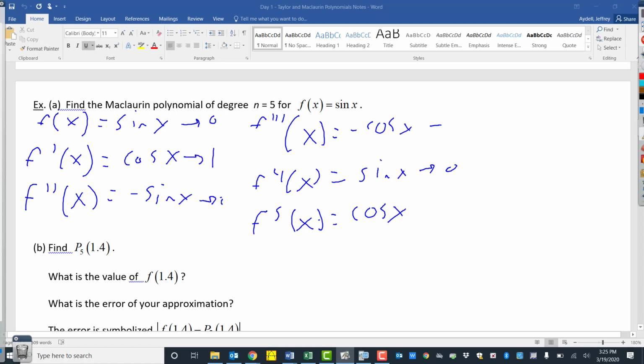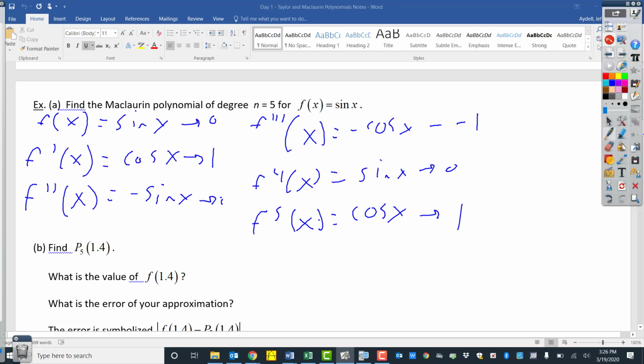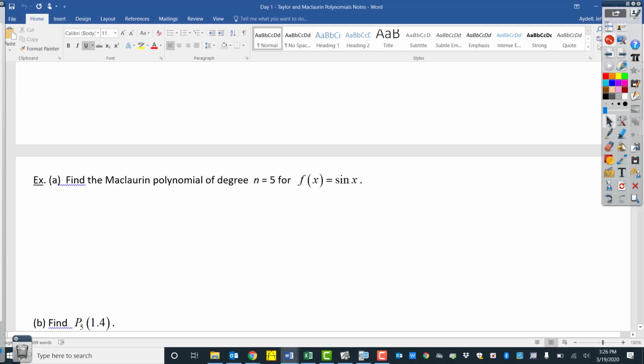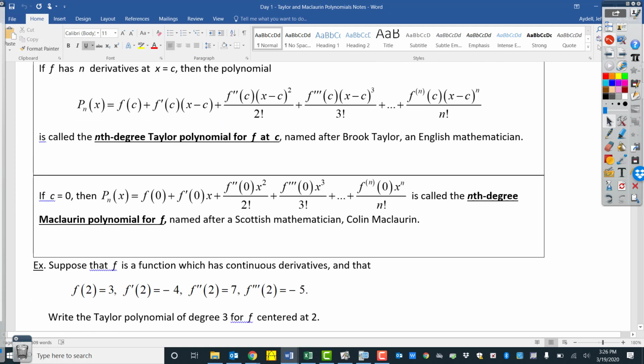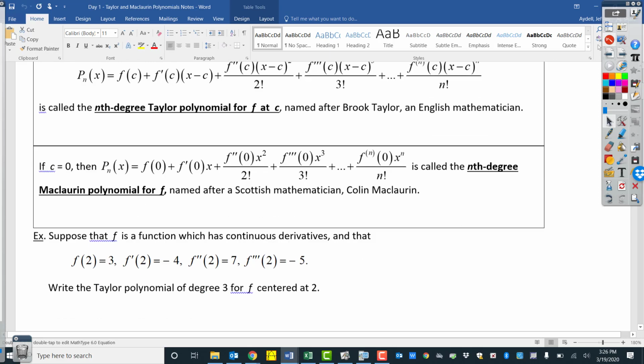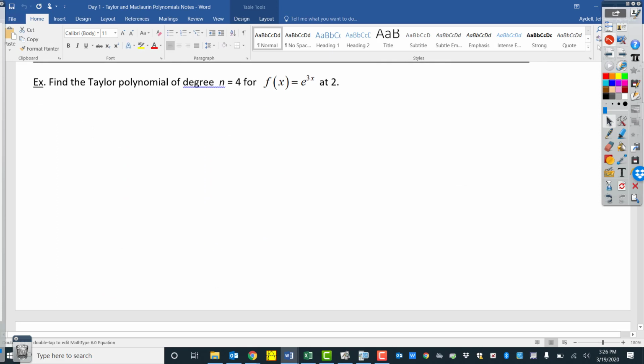This one's 1, -1, and 1. So this becomes super easy to plug in when we think about what formula we're actually using. So if we go back up here to the formula for the Maclaurin, this is f of 0, f prime of 0, f double prime of 0, f triple prime of 0. Well, we've already found all those.